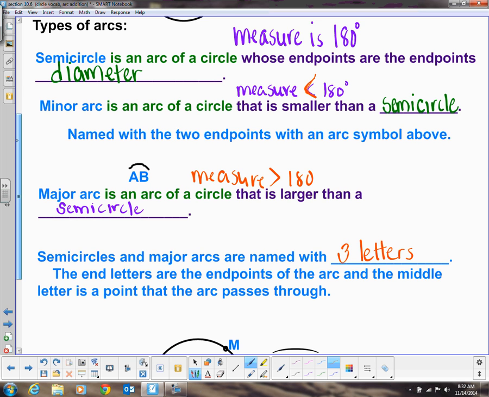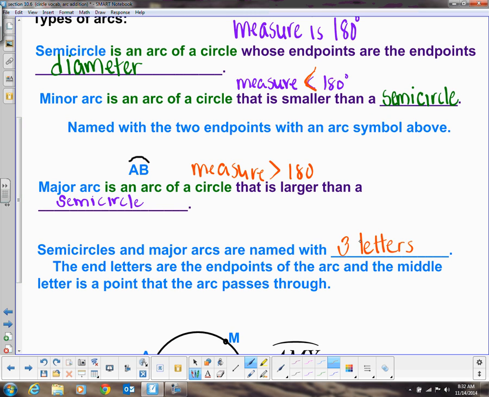Okay, that's all right. Now, 3 letters. If I have letters A, B, C with an arc symbol above, the end letters A and C are going to be the endpoints. And the letter in the middle is a point that the arc passes through.